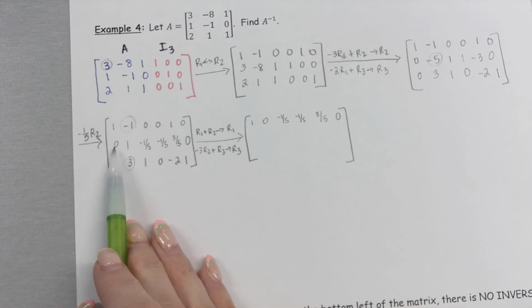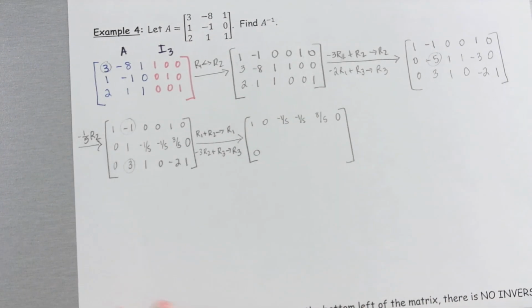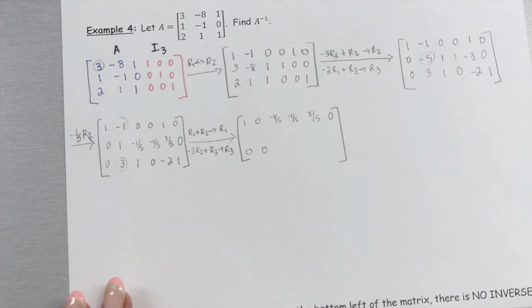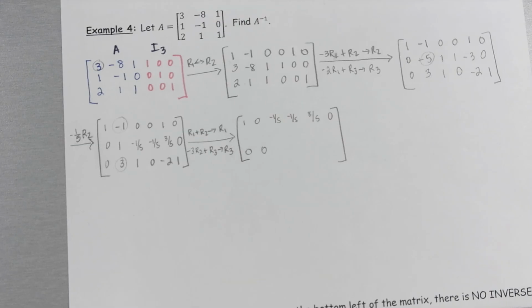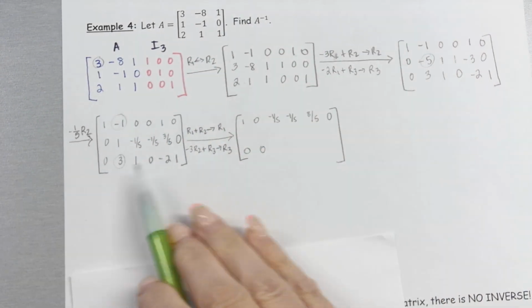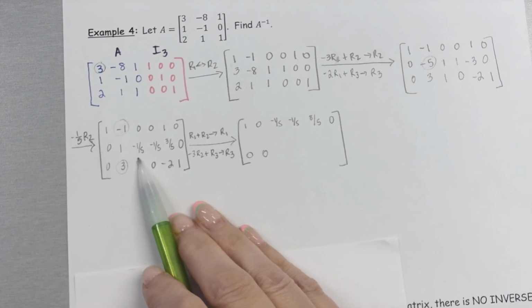Okay, so this would be 0 plus 0. That's going to stay 0. -3 plus 1, that's going to be 0. Okay, and then so you have -3 here, -1/5.